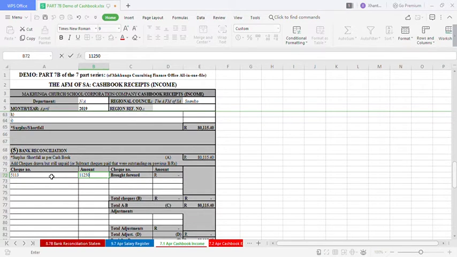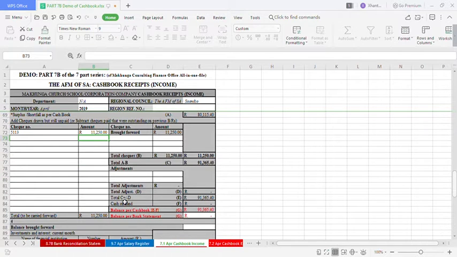The bank is not aware of this transaction, so we bring it back in order to take us to the bank balance. Then the balance per bank statement was 17,034 rand 40 cents.